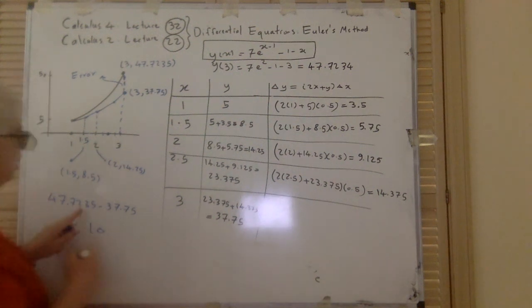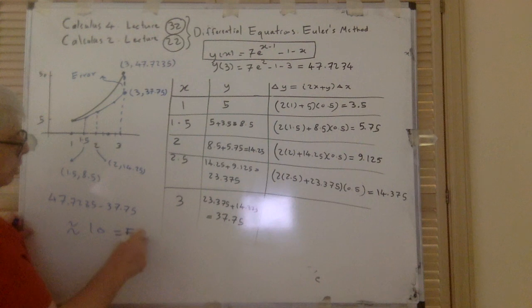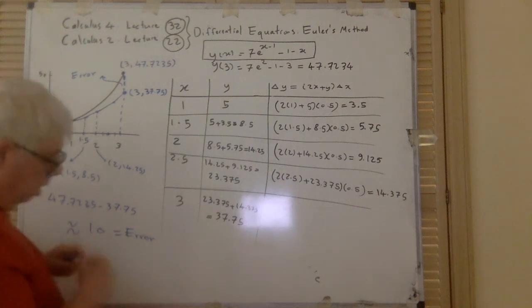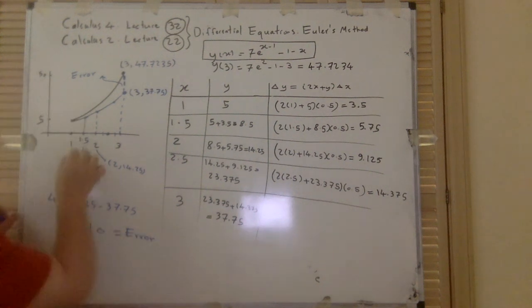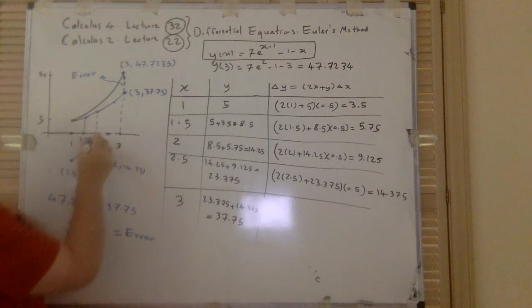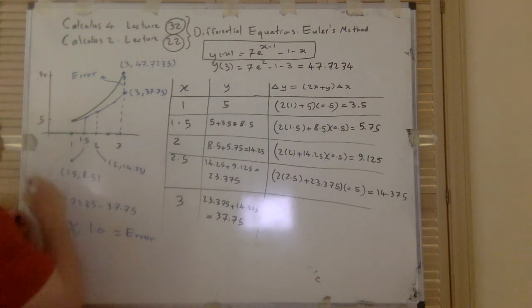If I just say this is 37.75, then I have 10. So the error is almost 10. And you can see if I had chosen smaller steps, then I would have a much better approximation.